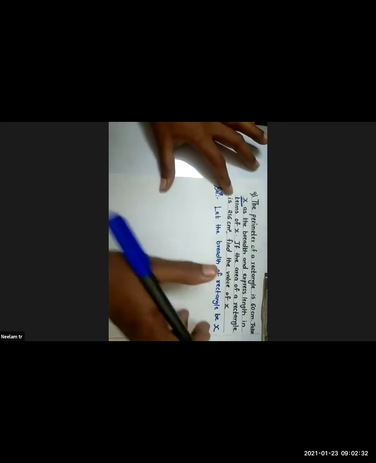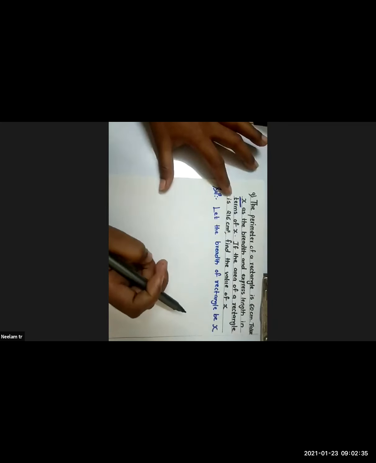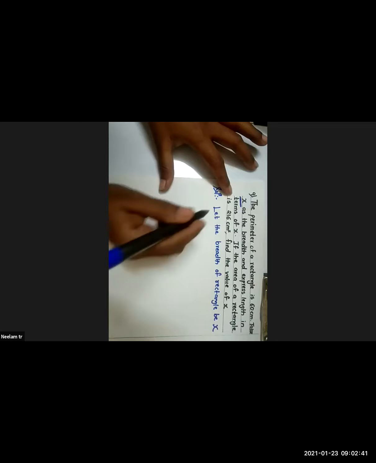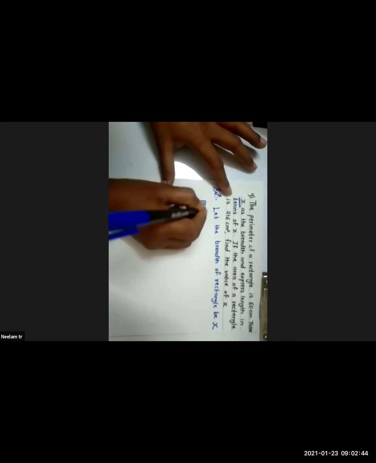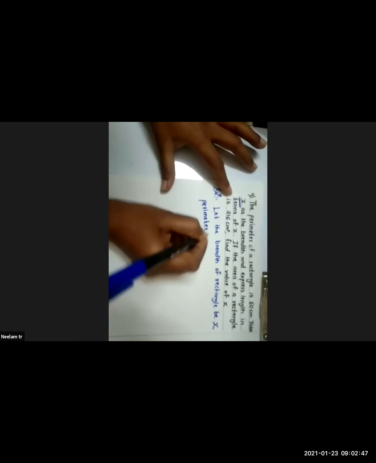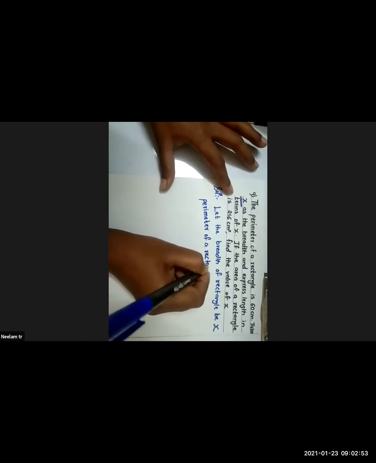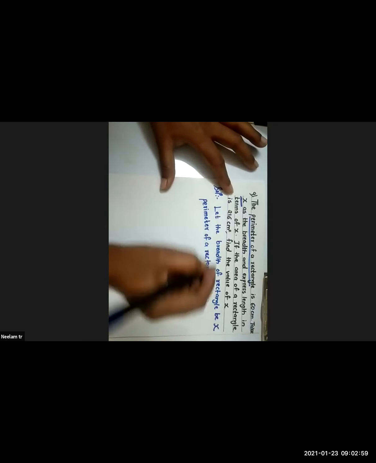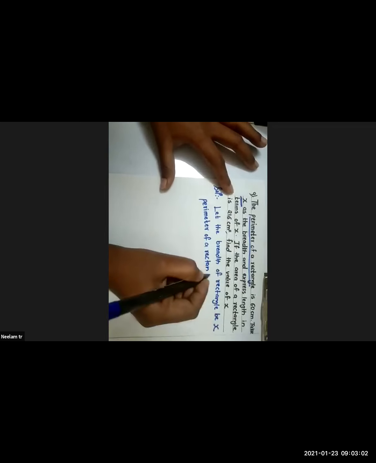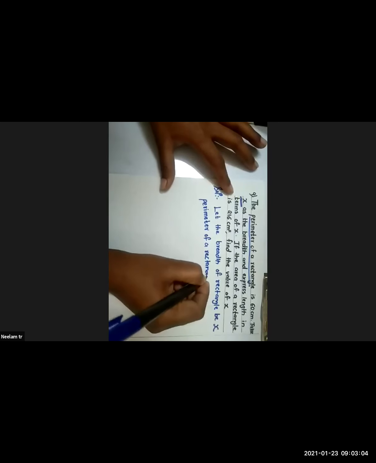The perimeter of a rectangle, I hope you all know the formula, that is 2 into length plus breadth.